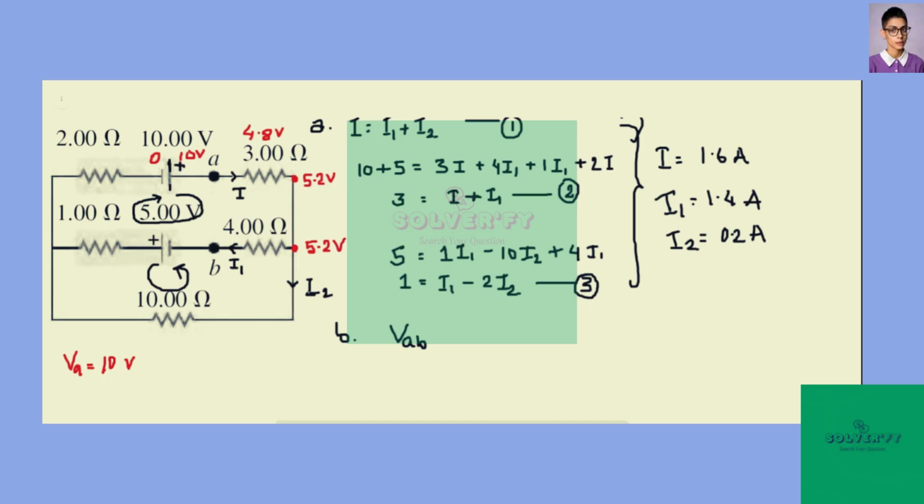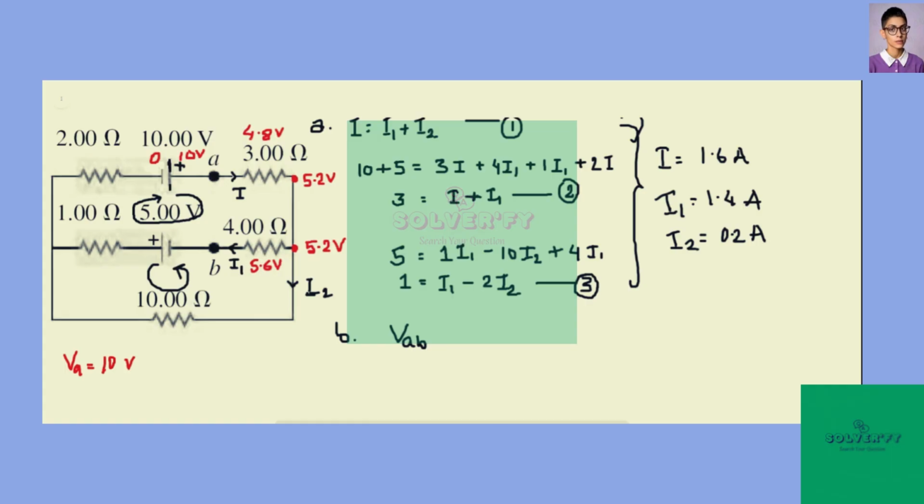Now, the potential drop across the 4 ohm resistor is 4 times I1. So 4 into 1.4 is 5.6 volts. Since the current is flowing this way, this should be at higher potential and this at lower potential, and the potential difference should be 5.6.